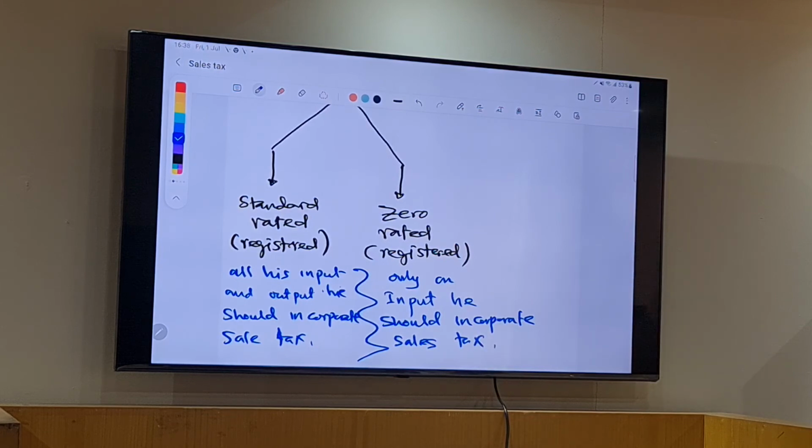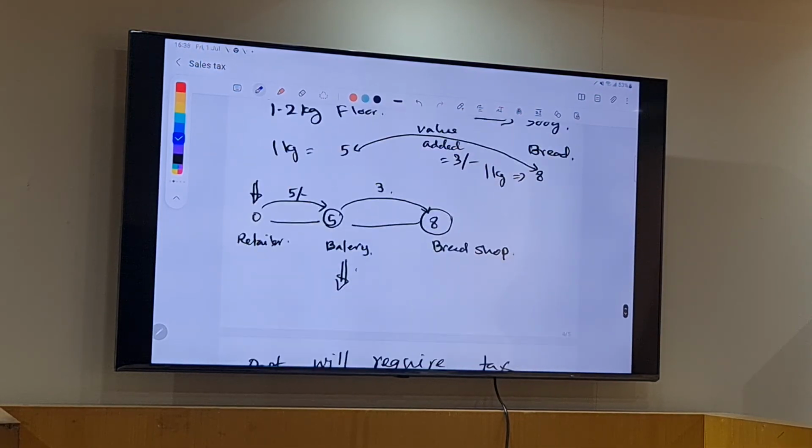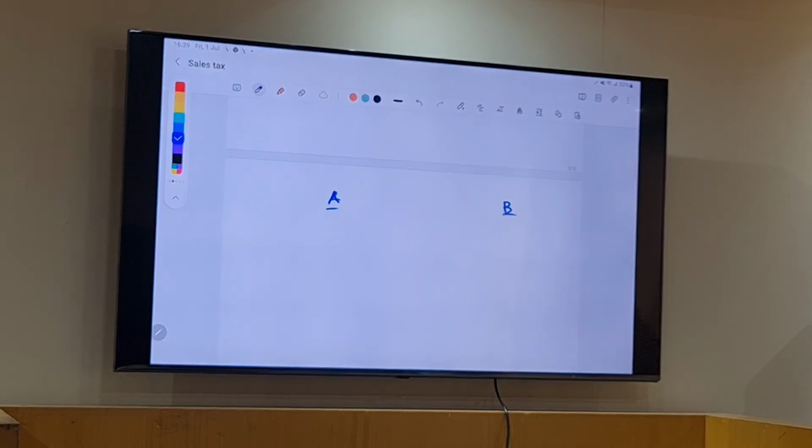I will give you an example. Is this clear? Now, to make you understand, let's say we have two different businesses, A and B. A is a standard rated business, B is a zero rated business.